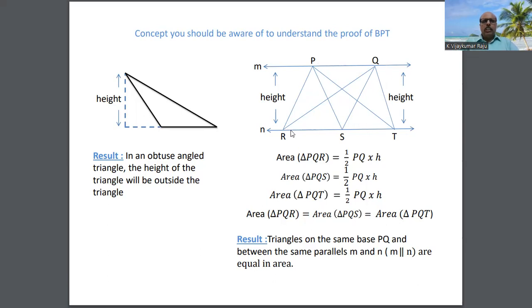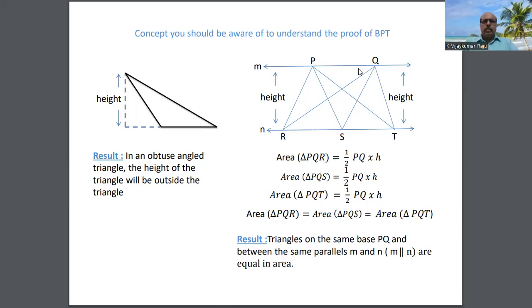Now area of triangle PQR: I take PQ as the base. If PQ is the base, then the height is the distance between the two parallel lines. The distance between two parallel lines is the same at every point. So area of triangle PQR is half into PQ into H. Now let us take the triangle PQS.